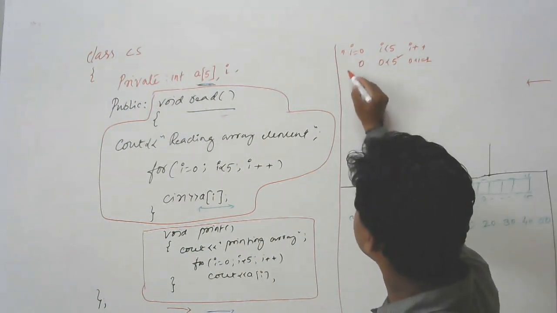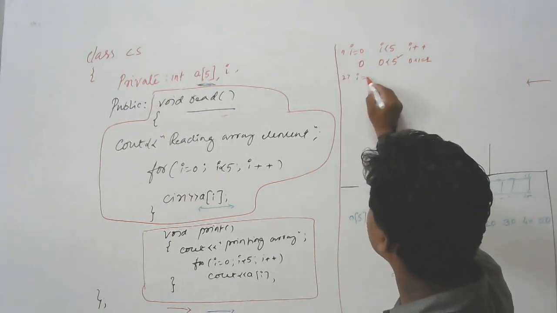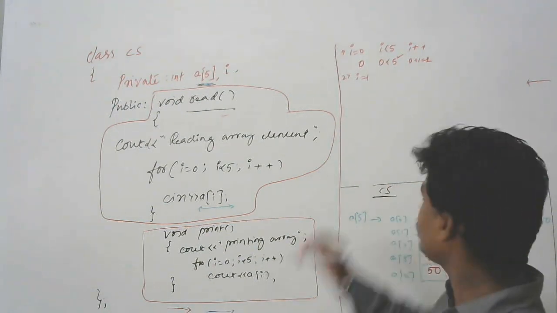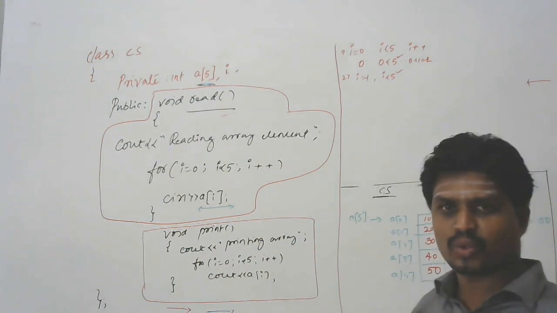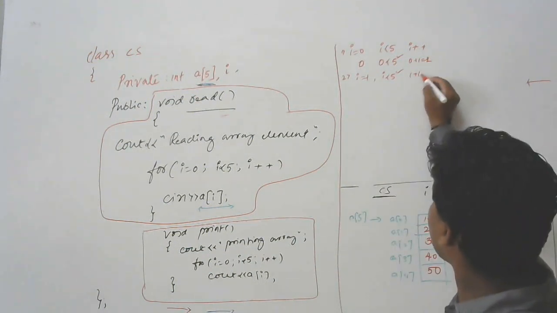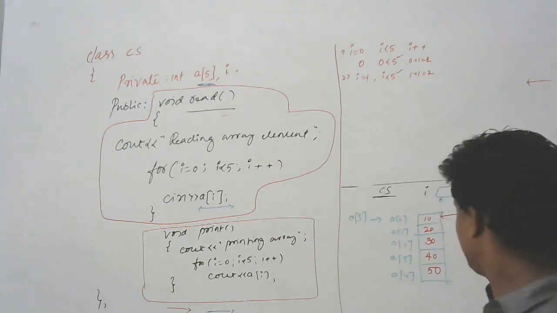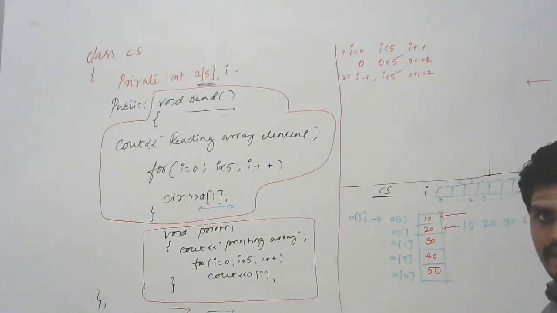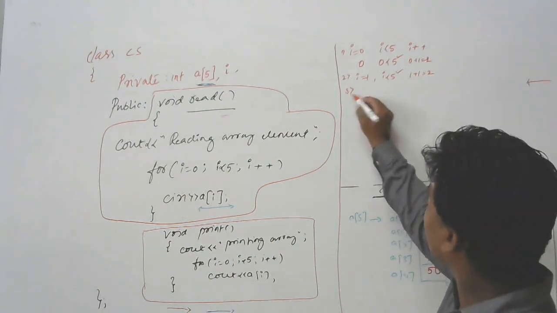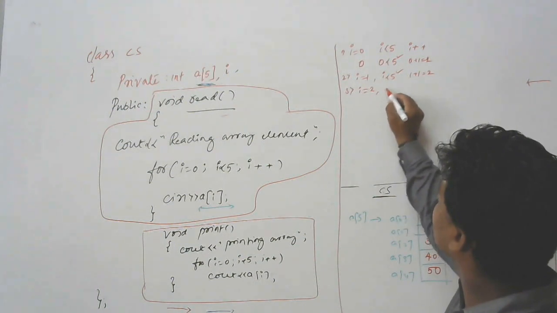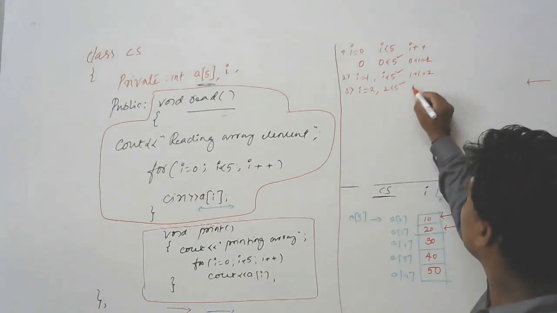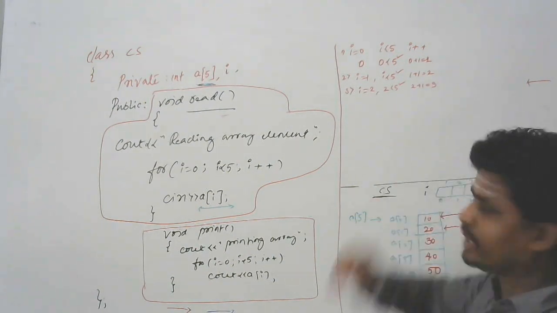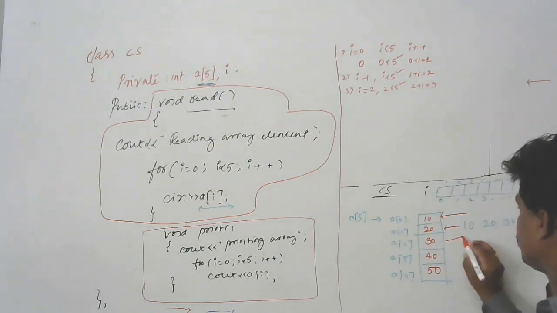Next, I value becomes 1. 1 is lesser than 5, condition is true. 1 plus 1, 2. This is going to be read. Then the third one, I value becomes 2. 2 is lesser than 5, condition is true. So 2 plus 1, how much? 3. This is going to be read.